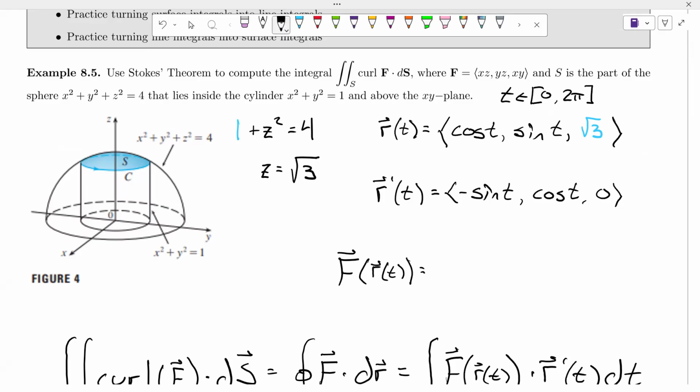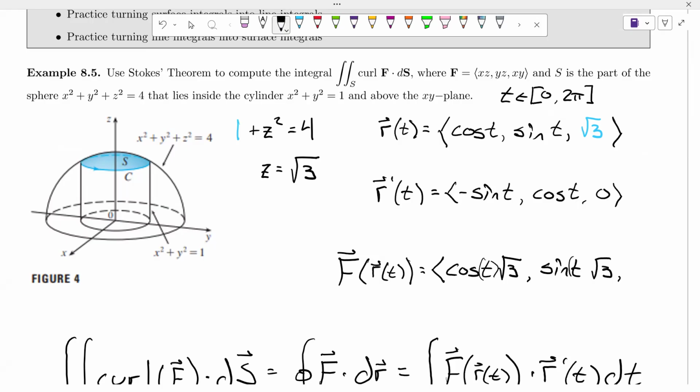If I plug in everything for x and for y and for z, what do we have? x is cosine t times the square root of 3, y z is going to be sine t times the square root of 3.